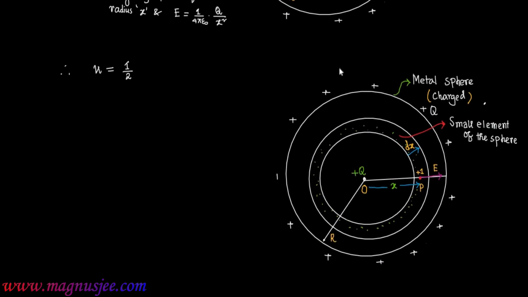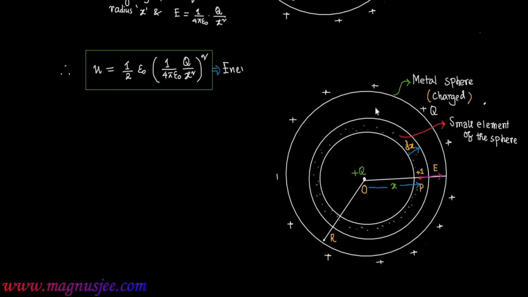Therefore, small u equals 1 by 2 epsilon 0 times the bracket 1 by 4 pi epsilon 0 q by x square, whole square.